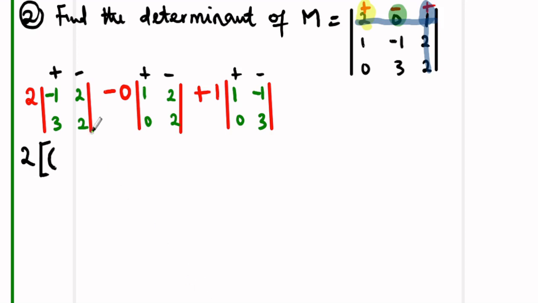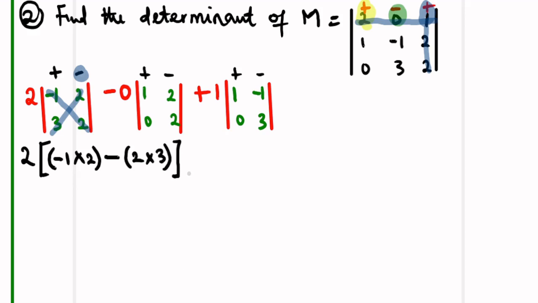So the first thing I have here is, for the first diagonal, we'll have minus 1 times 2. And then we'll have minus the second diagonal. The second diagonal will have 2 times 3.